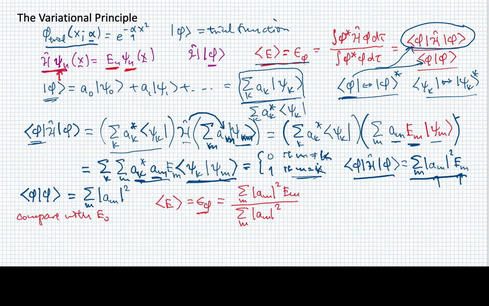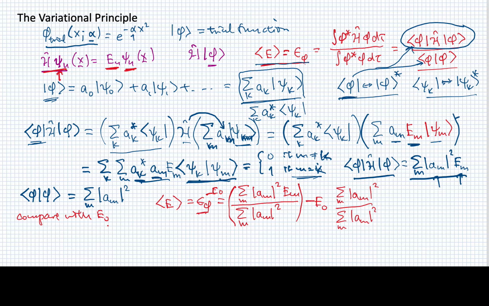Well, what if I subtract E0 from both sides of this? So I'll subtract E0 up here, and I could subtract E0 down here, but to combine it somehow with this stuff, I'm going to write this over this. That's just equal to 1.